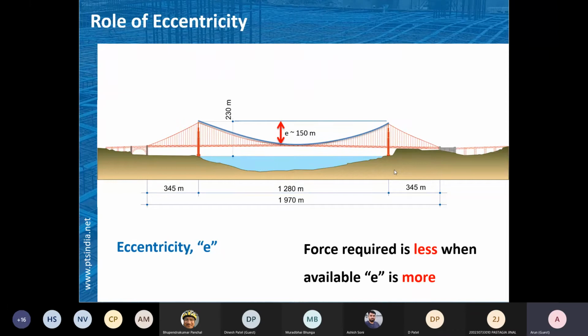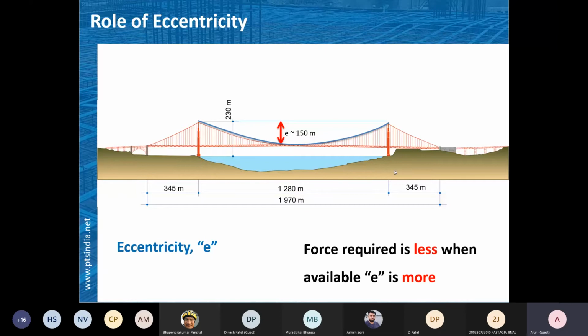If you want to realize 150 meter, it is equivalent to a 50-story building. The eccentricity itself is equivalent to a 50-story building, right? That is why the pylon height is 230, and that 230 is from mean sea level. Maybe it goes beyond the mean sea level downward.